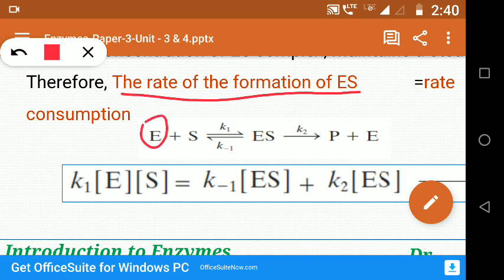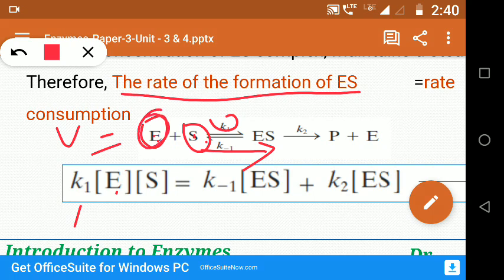E plus S gives rise to ES. So V equal to K1 E into S. These are reactants, so E into S. The velocity of the formation of ES depends on the concentration of the reactants, that is E and S. So K1 E into S is equal to the rate of ES consumption.